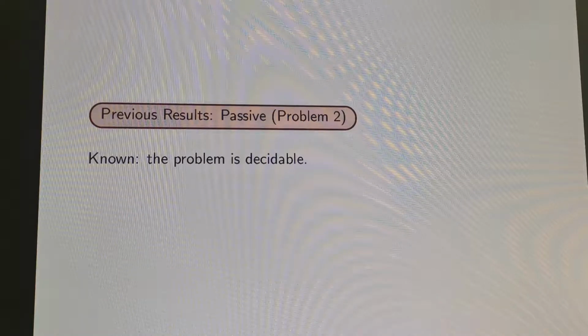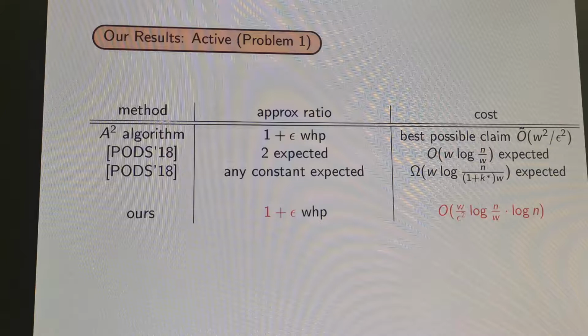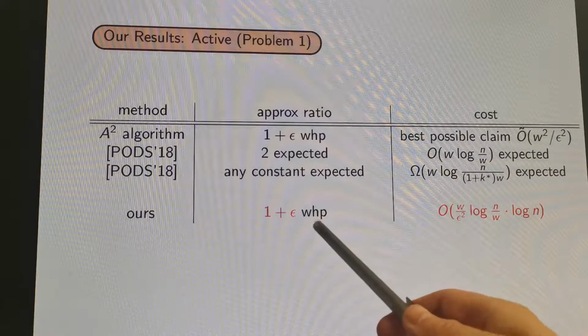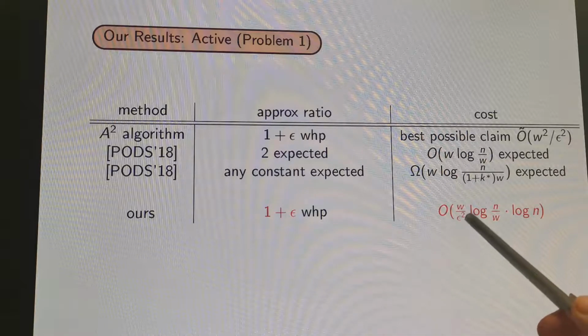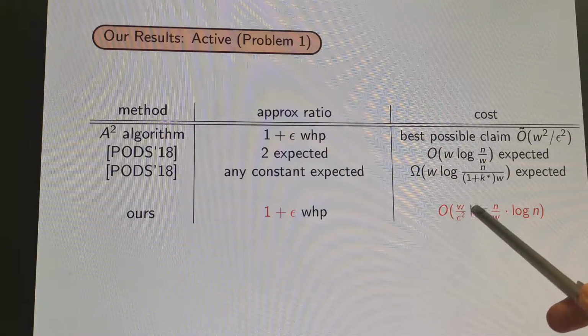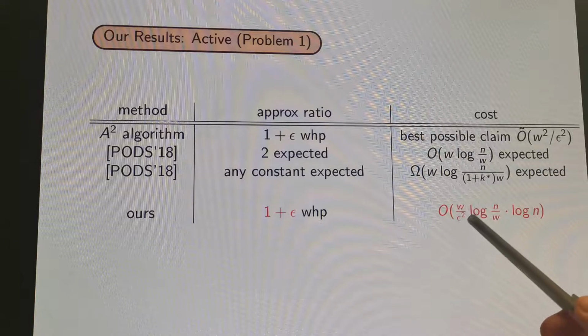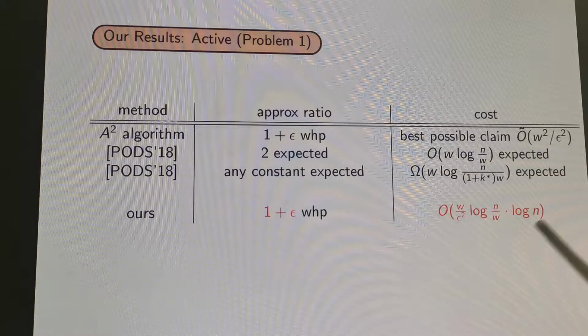So let's turn attention to problem 2. Not much is known about this problem, except that the problem is decidable. The first result we have in this paper is a new way to achieve a 1 plus epsilon approximation ratio. The cost you pay is W over epsilon squared multiplied by a polylog factor.